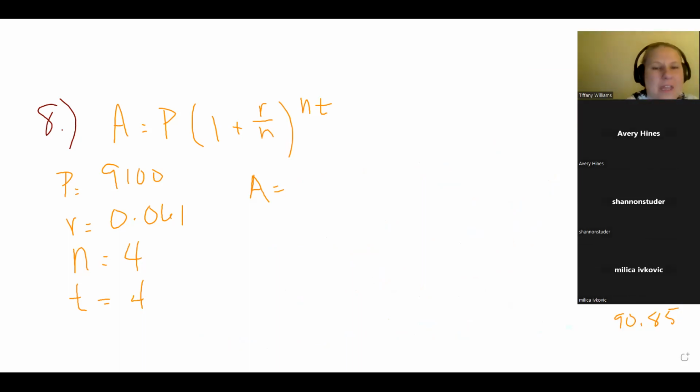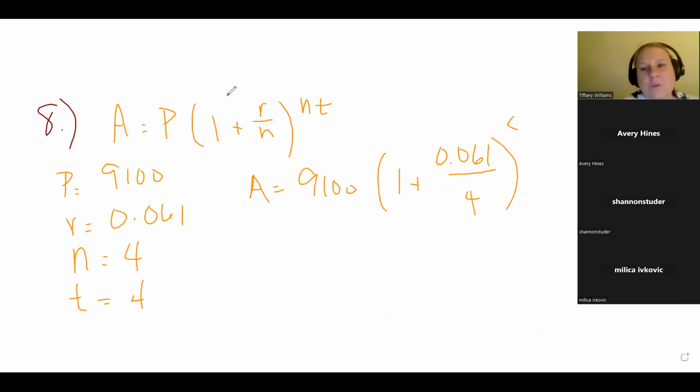So we're going to have P equals 9,100 times 1 plus our R, which is 0.061 divided by our n, which is 4, raised to the n, which is 4, times t. Again, you want to be very, very careful about how you do this because we don't want to round until the very end of the problem, guys. That's going to be your biggest frustration with this.